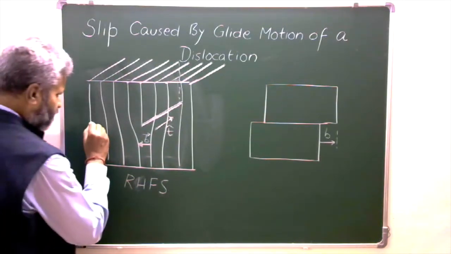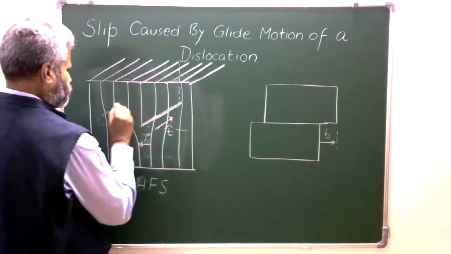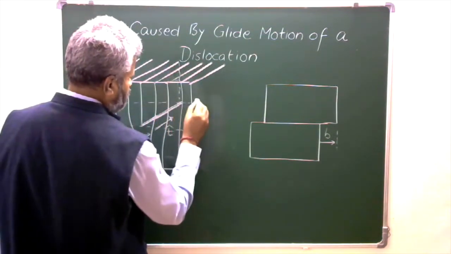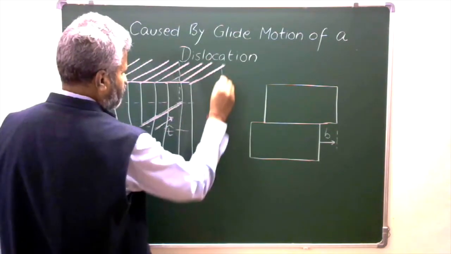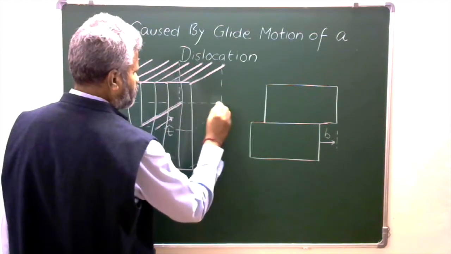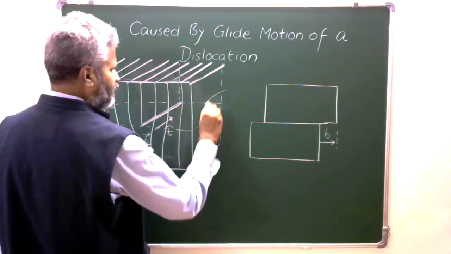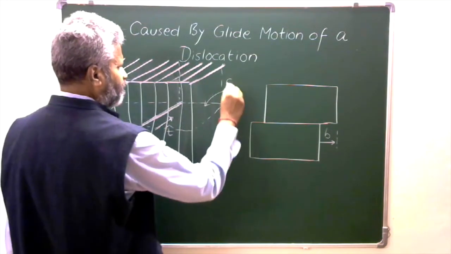Now, this is the slip plane. This is the slip plane of this dislocation. The plane containing the line and the Burgers vector.